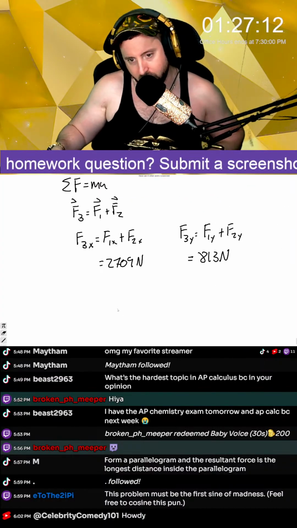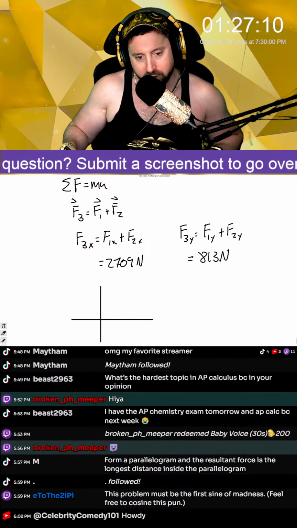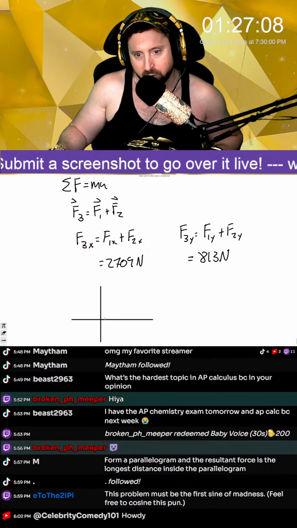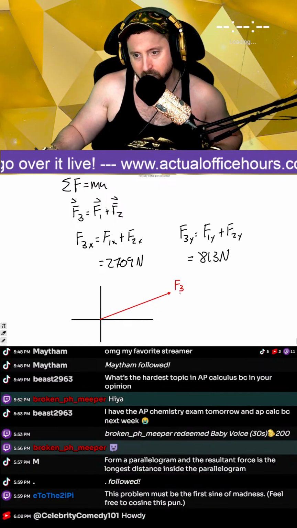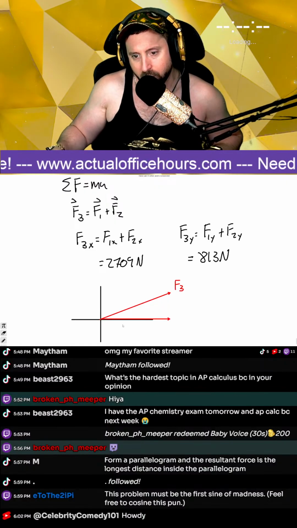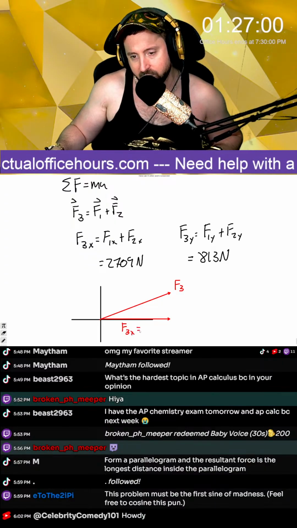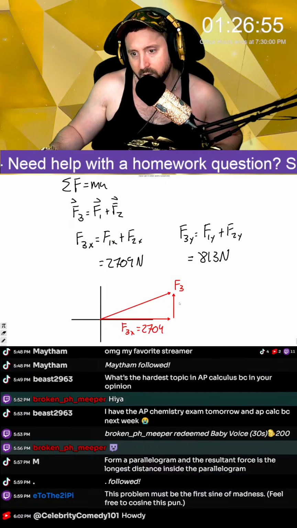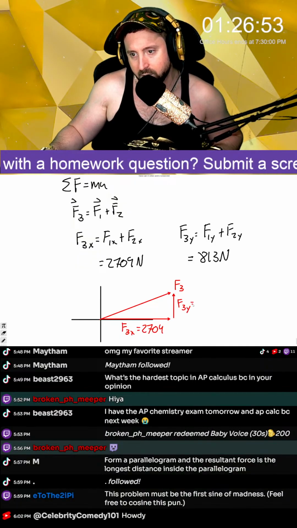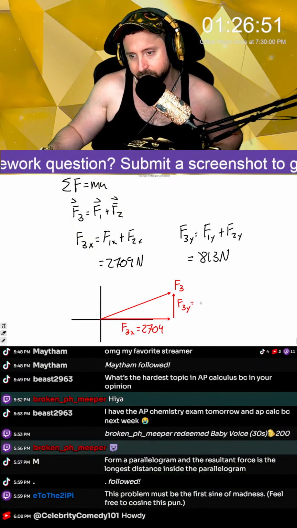So now you can draw what your resultant F3 force is. So that's going to be kind of something like this, where F3x was equal to 2709 and F3y is equal to 813.